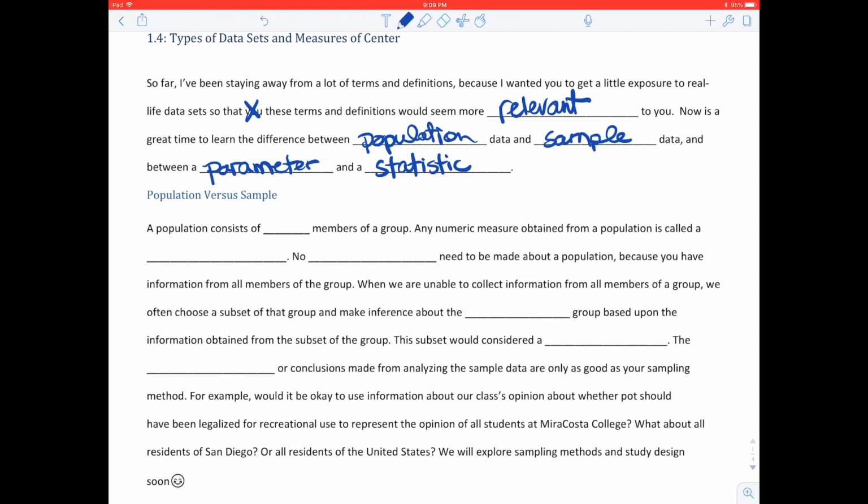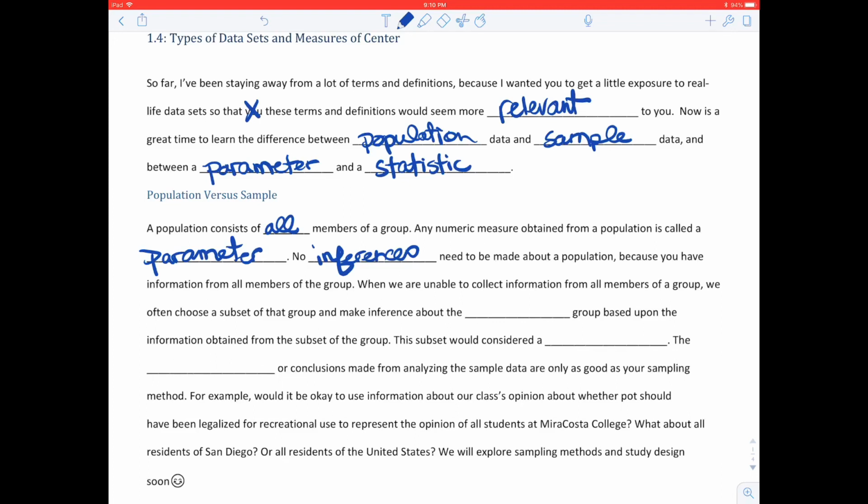Ready? Let's go. A population consists of all members of a group. Any numeric measure obtained from a population is called a parameter. No inferences need to be made about a population because you have information from everyone.